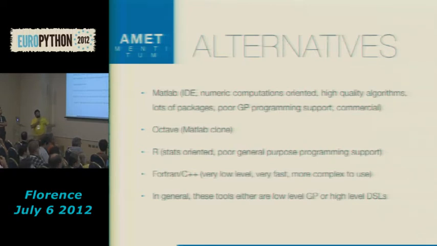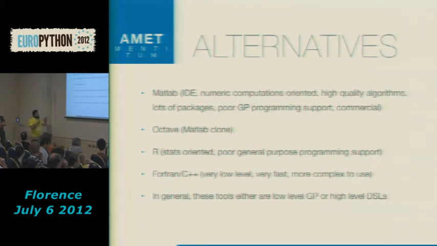And then there are people doing numerical computation in Fortran and C++, which are very low-level languages. Well, perhaps 20 years ago it was, or 14 in this case, high-level, but now it's low-level if we compare to Python. They are very fast if you know how to write things, but I think it's objective to say that they are more complex to use, because they're so low level. And besides, sometimes if you do not do things the right way, you end up being not that efficient at all.